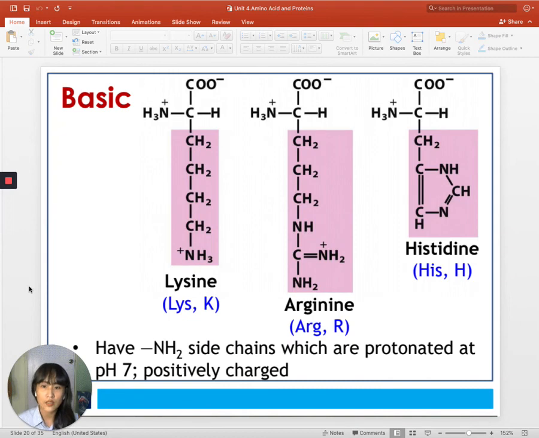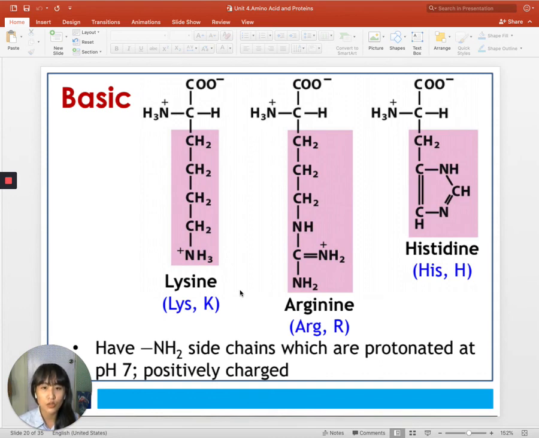The next classification is the basic group, which has the NH3 plus, the positively charged region. Examples of which are lysine, arginine, and histidine. They have NH2 or NH3 plus side chains, which are protonated at pH of 7.